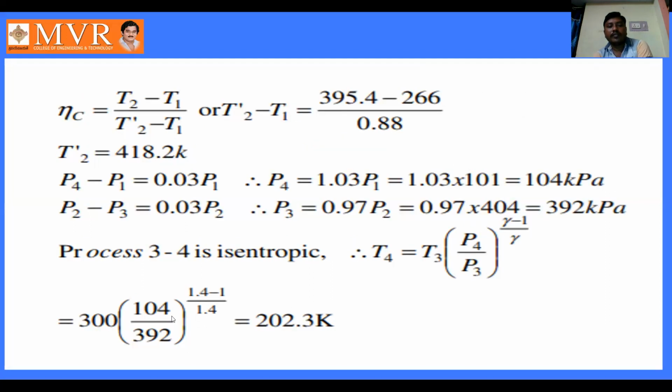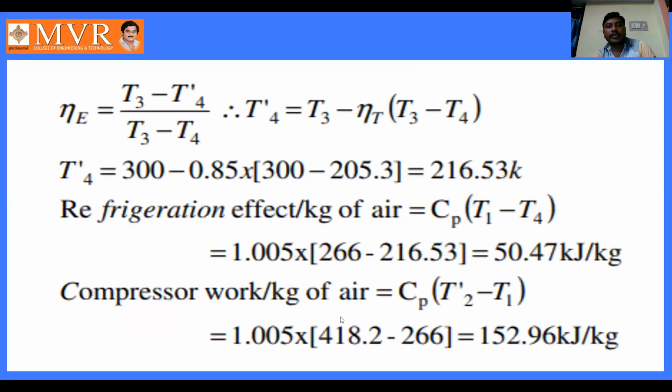So P4 is equal to 104 by P3 is equal to 392, to the power 1.4 minus 1 by 1.4, which is equal to 202.3 Kelvin.